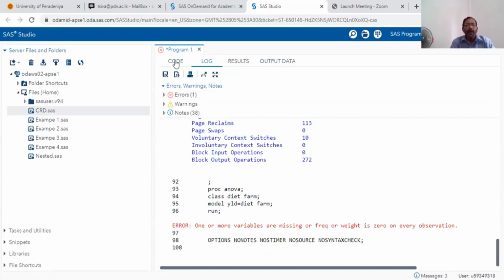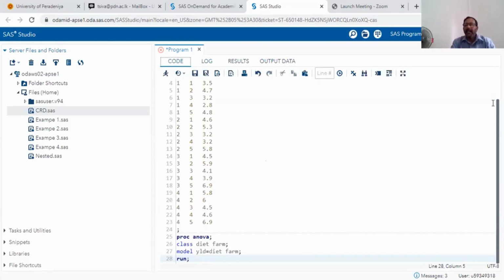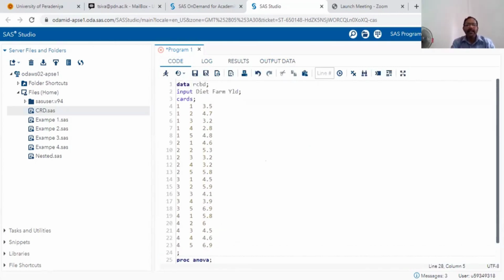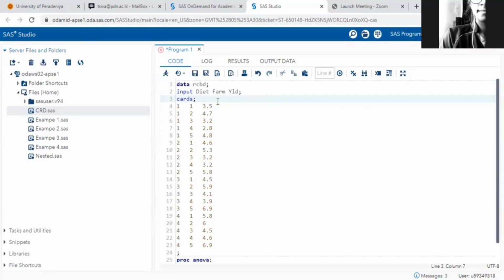How did we bring the data here? What did I do here? How did I enter the data here? From the Excel sheet. Yes, from the Excel sheet.